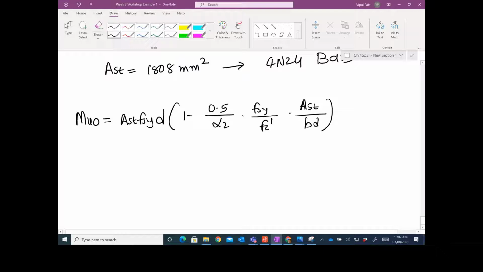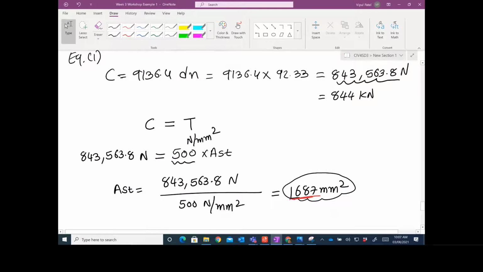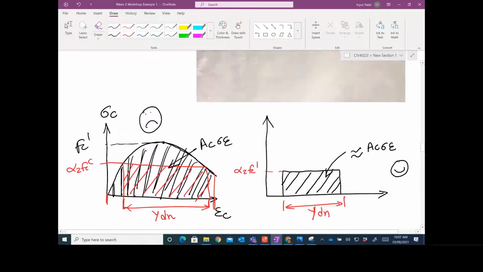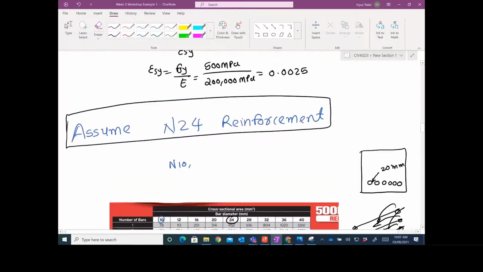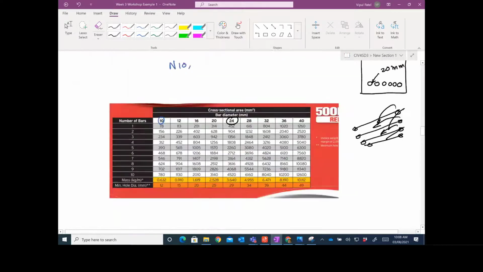If you like, you can put it in your cheat sheet. These equations are very helpful, quick and straightforward. So basically we have to find this AST value from this quadratic equation. Now MUO, we calculated that.